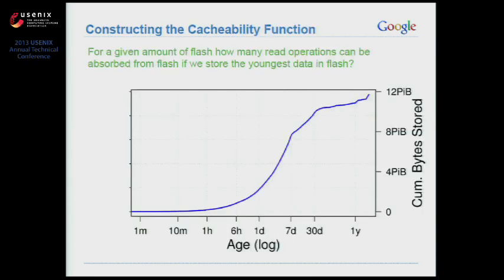It's derived from two functions, or two statistics. First, we create this function for a workload, which shows you for an age how much data is younger than this age. It's always increasing with age.